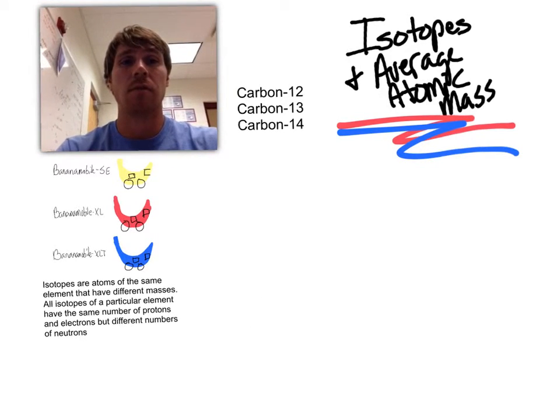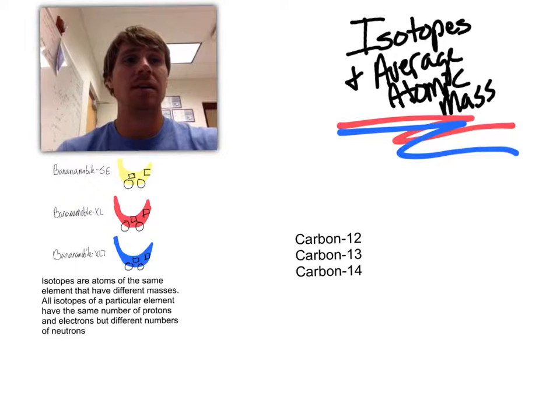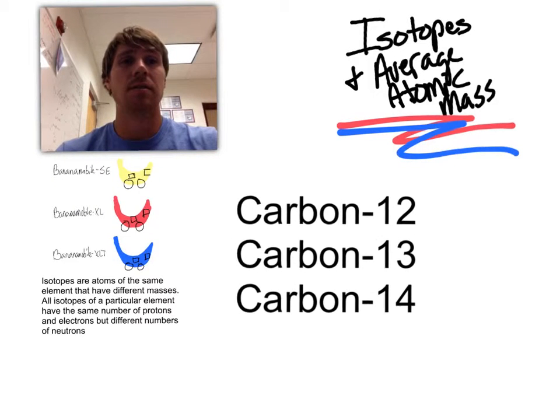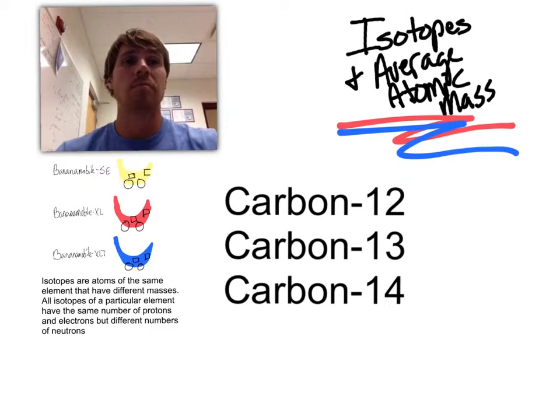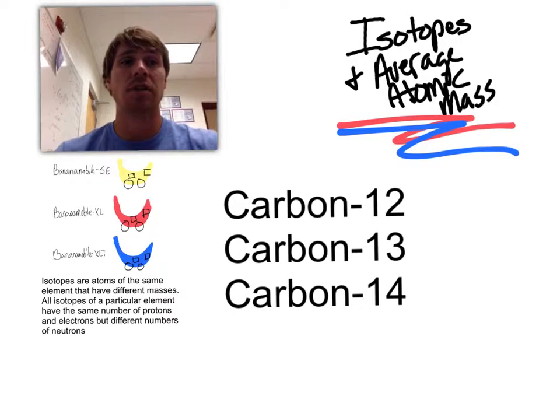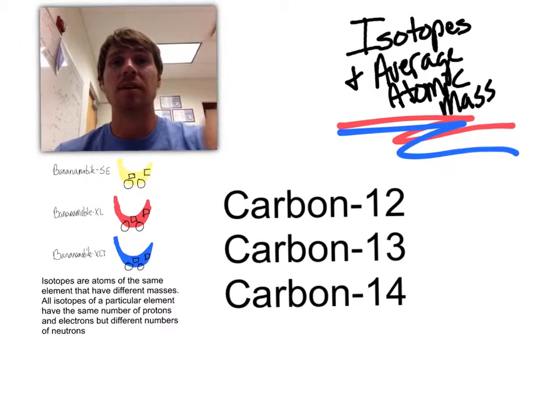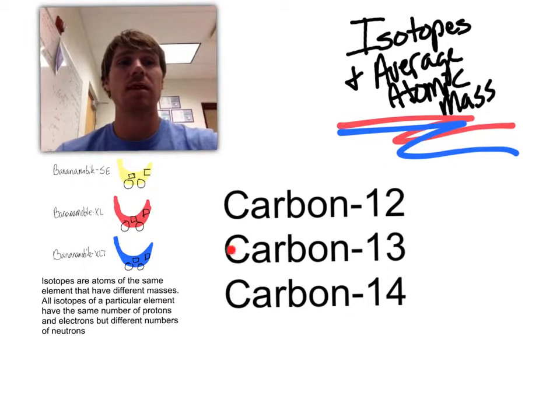What I have here is three different carbon atoms. These are all isotopes of each other. What I want to show you is the similarities between these three different isotopes of carbon and our three different Bananamobiles. We have carbon with a mass number of 12, carbon with a mass number of 13, carbon with a mass number of 14.